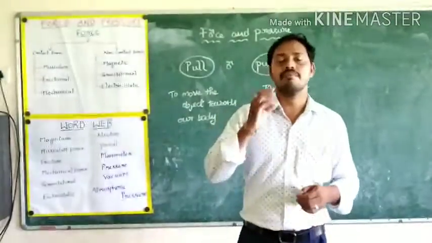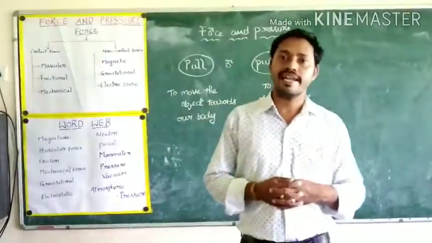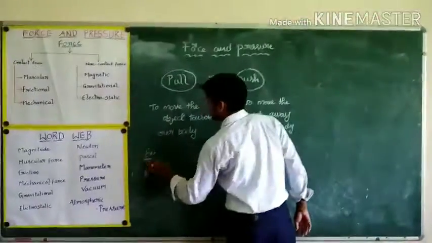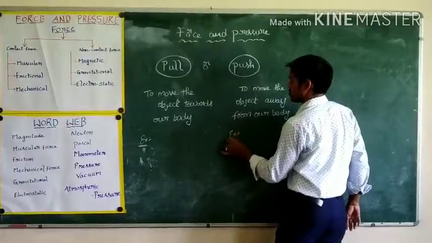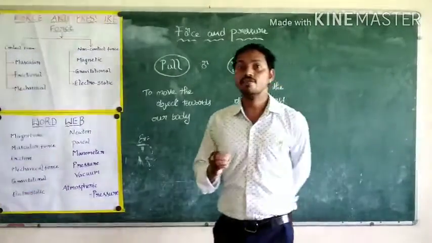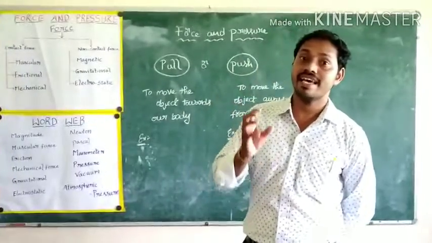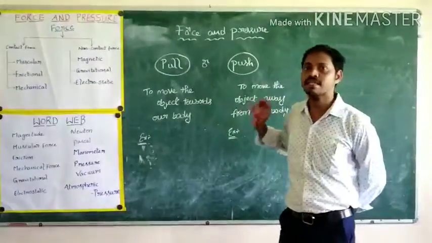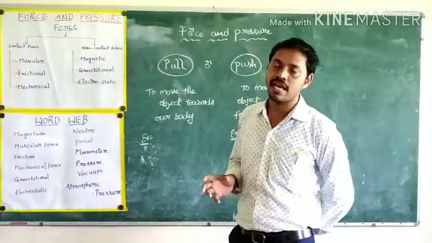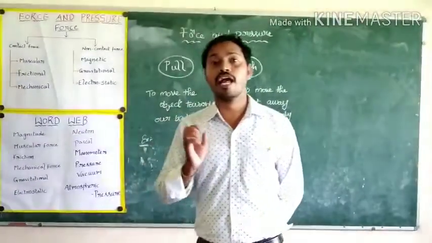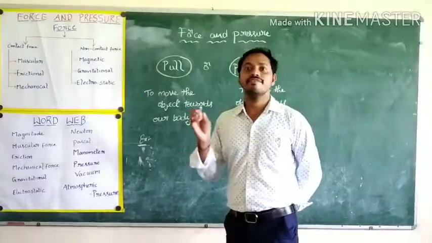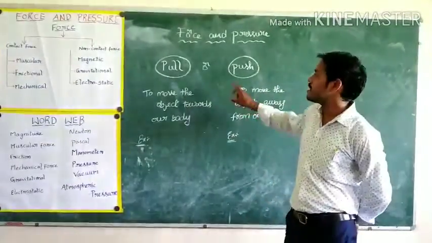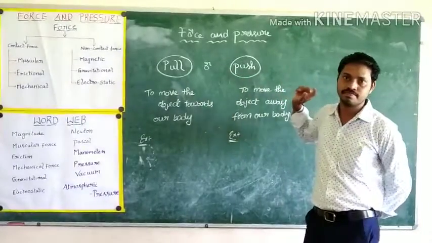Now, try to give some real life examples for pull and push. Recall your day-to-day activities and observe where you are applying pull and where you are applying push, and give some examples related to pull and push.